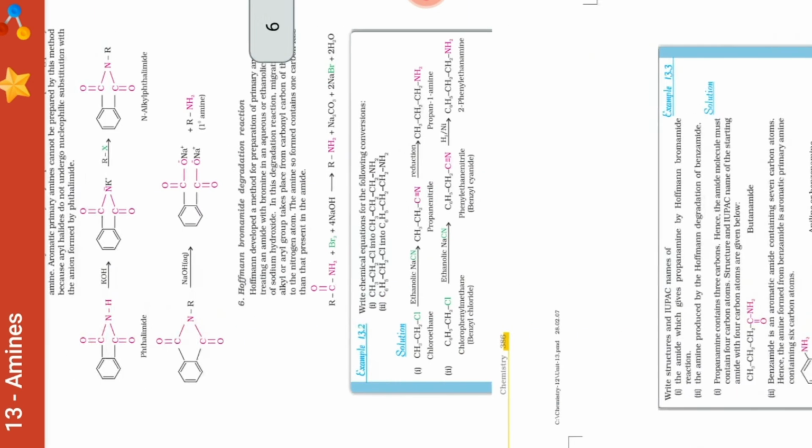Then after that, we have example number 13.2. Write a chemical equation for the following conversion: ethyl chloride to propane amine. Look beta, the formula is C2H5Cl to propane amine, which means C3H7NH2.